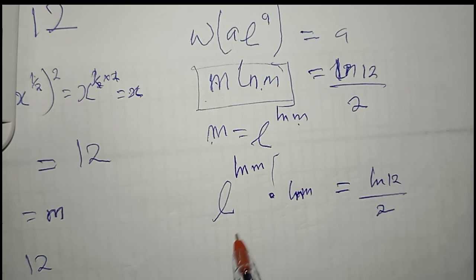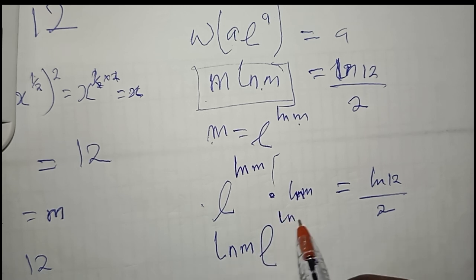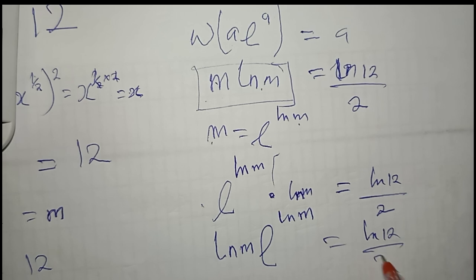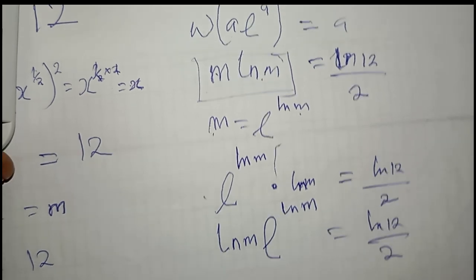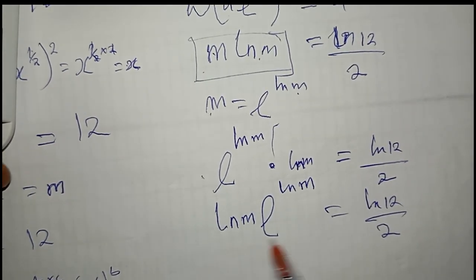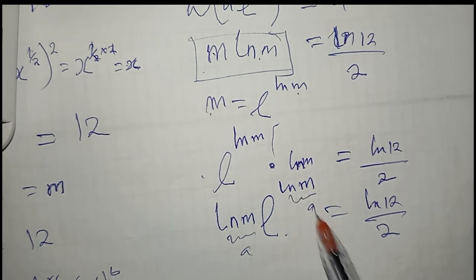I can even decide to write this. So if I bring this on this side, I now have natural log of m, and then exponential natural log of m is equal to the natural log of 12 divided by 2. Okay, so you can see I've got this side to be in the form of a exponential a.